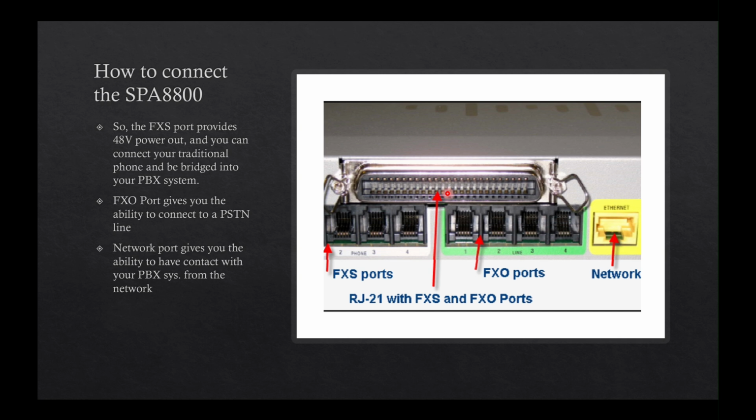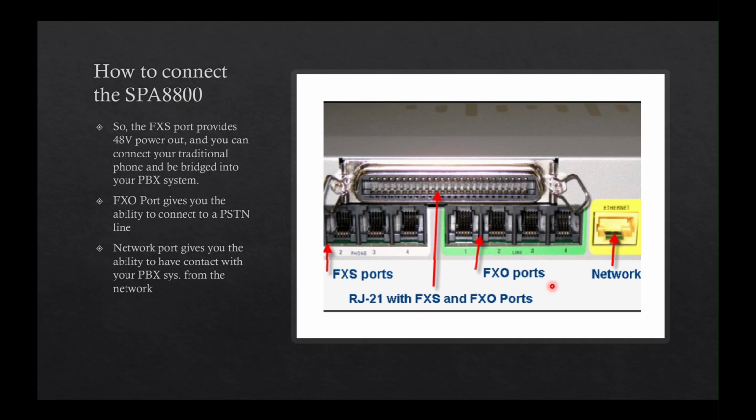FXO ports give you the ability to connect to PSTN lines, to connect outside. The SPA8800 actually provides 4 FXO ports, and the RJ45 network ports let you connect the PBX system and the SPA8800.